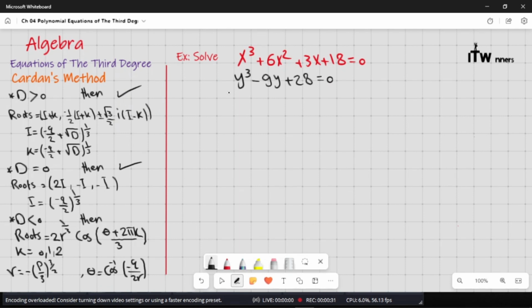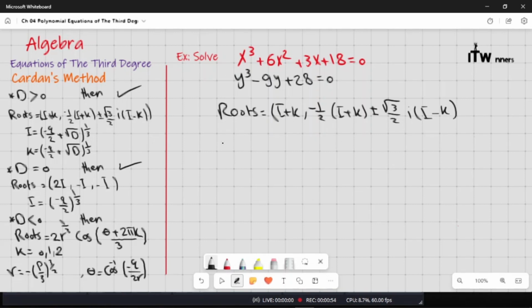Okay, so here our roots equal to I plus k, and here half of I plus k plus or minus square root of 3 by 2 times I minus k.